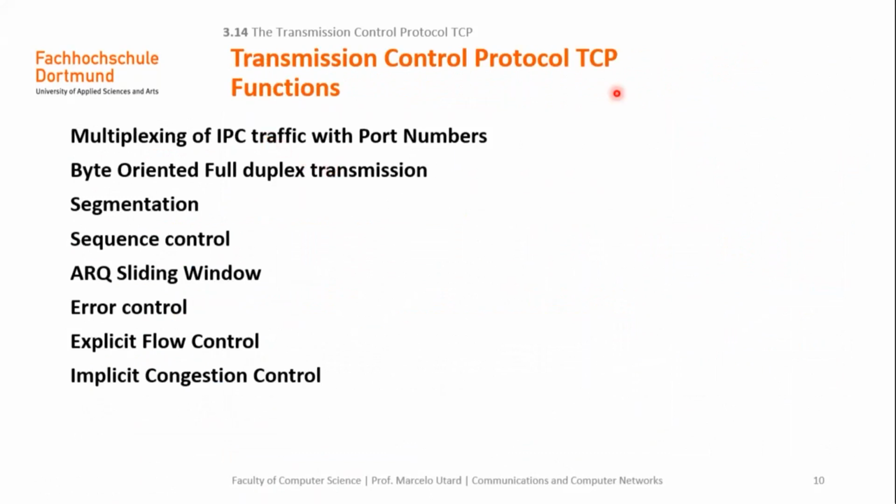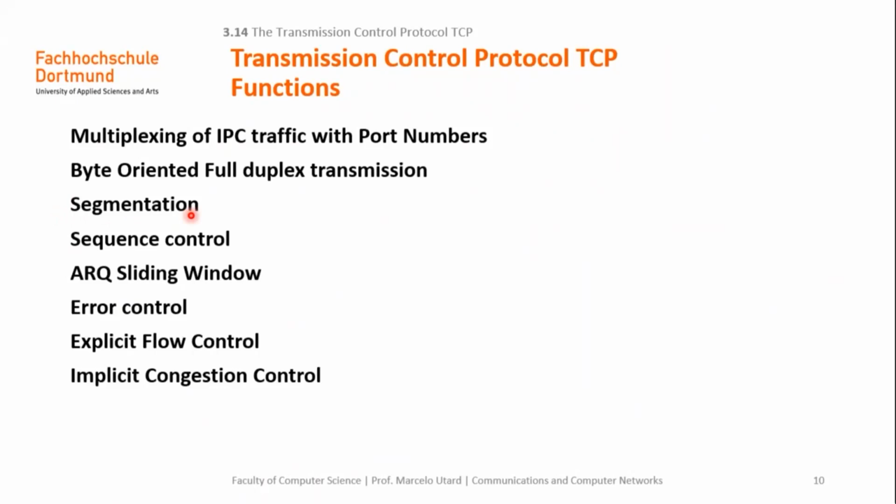Remember, TCP implements the multiplexing of inter-process communication traffic using the port numbers, is byte-oriented full duplex transmission, and implements segmentation, that is, the byte stream is sent across the network in segments.